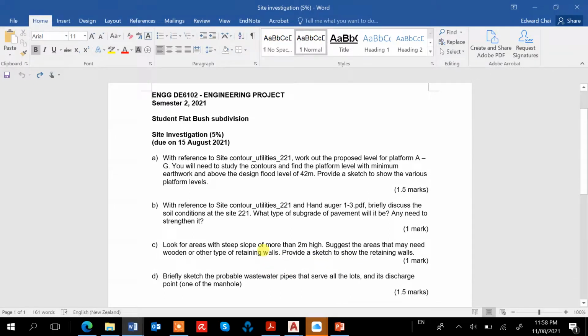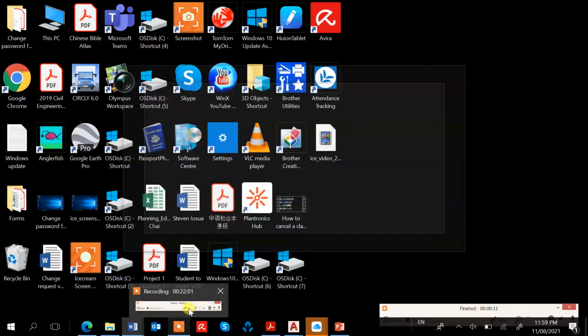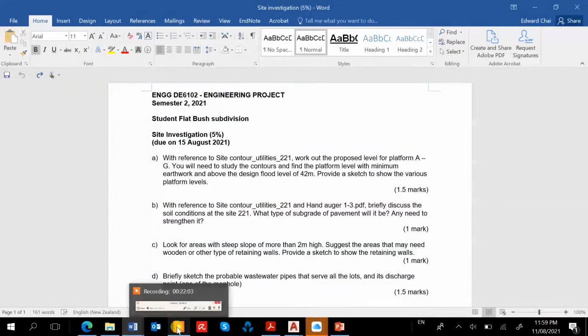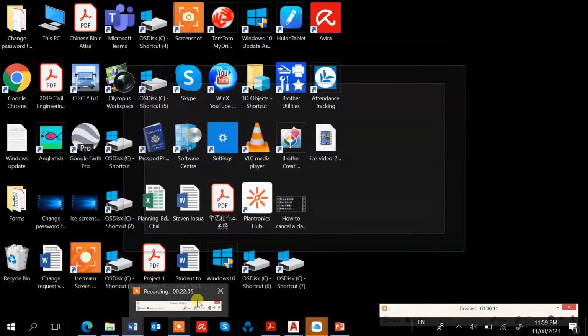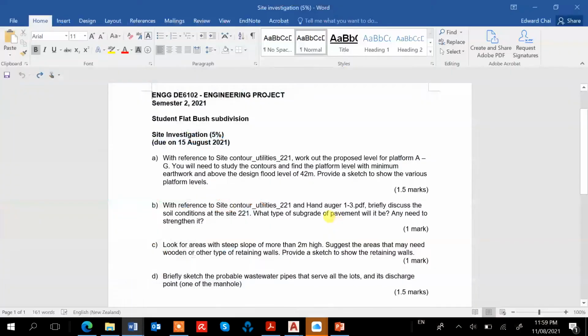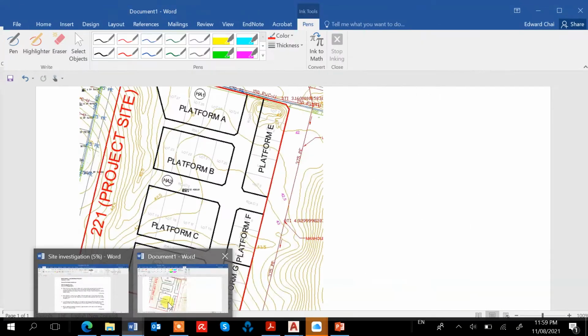Okay, so I think I roughly look at the contour.